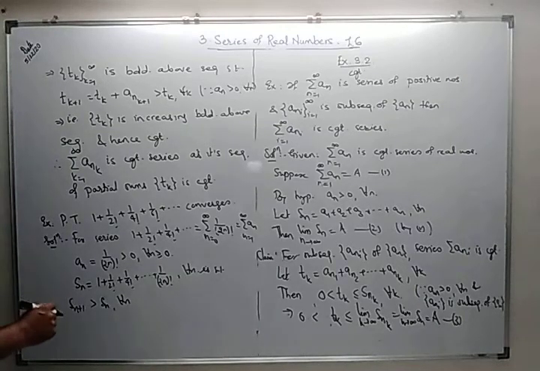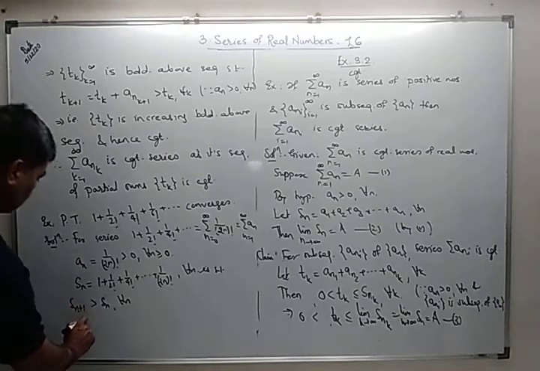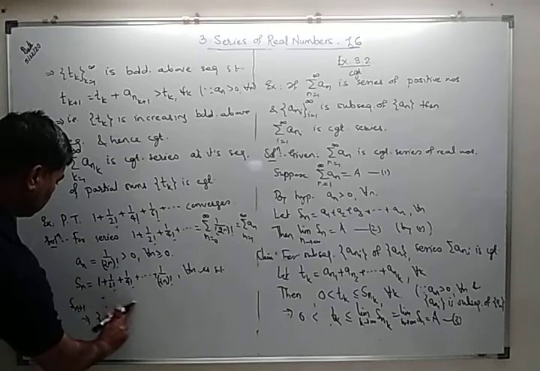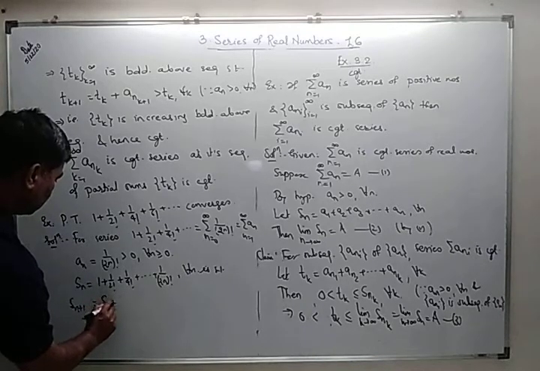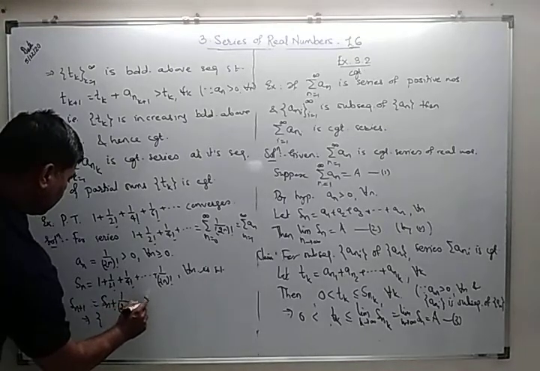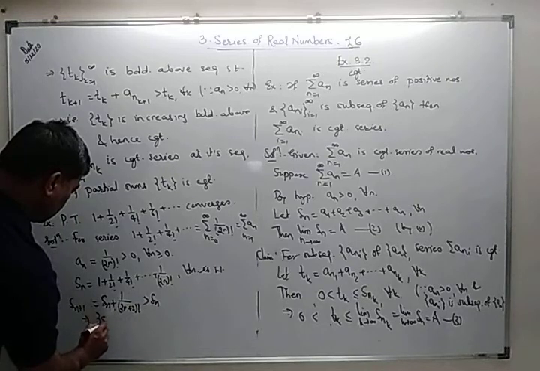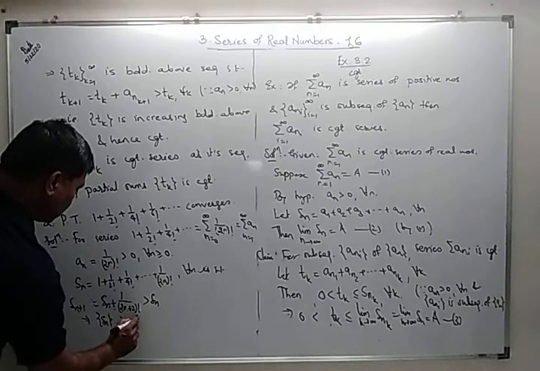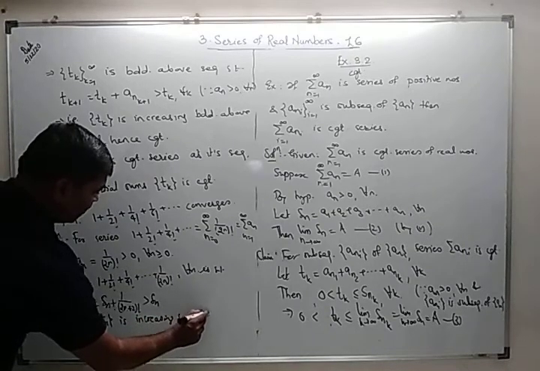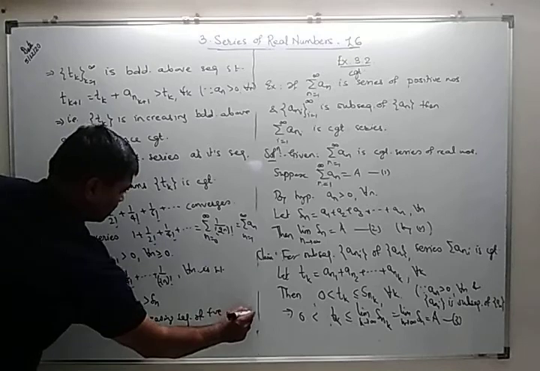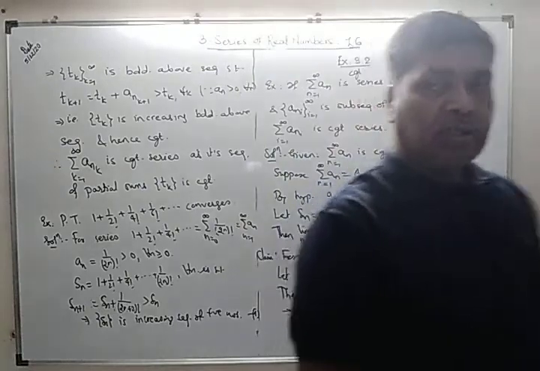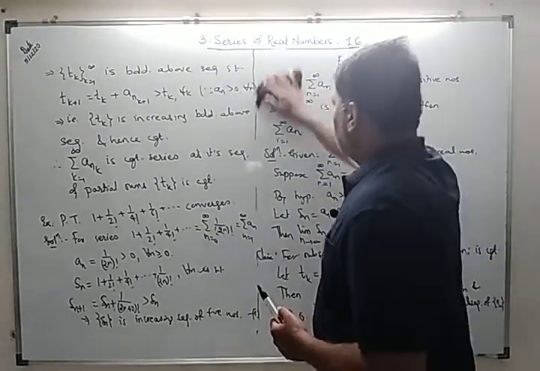So S_n is an increasing sequence of positive numbers. Now if we show that it is bounded above, then we are through.